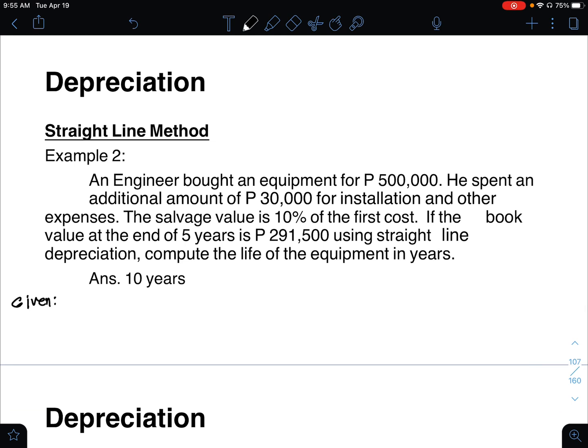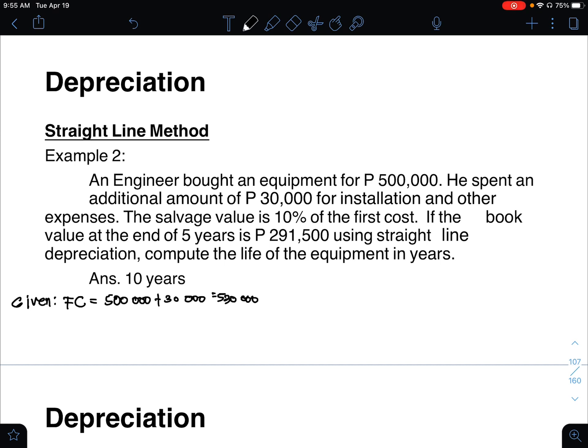So, ano siya, nagpalit daw equipment si engineer. So, 500,000 yung gipalit na equipment. Tapos, naay installation and other expenses. So, apil gyapon siya sa atong first cost, no? So, therefore, ang atong FC karon diha is 530,000.